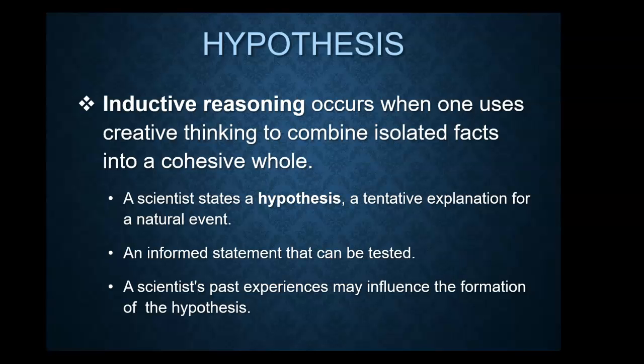Now, anytime we formulate a hypothesis, we know that the hypothesis should be falsifiable, and it is basically an informed statement that can also be tested. So we need to be able to test whatever hypothesis we've created. And the other thing that's always going to affect a hypothesis is the fact that whatever the scientist's background is, whatever his or her past experiences are, they may influence the formation of that hypothesis.